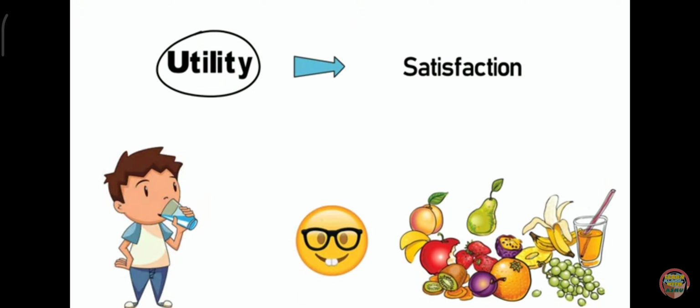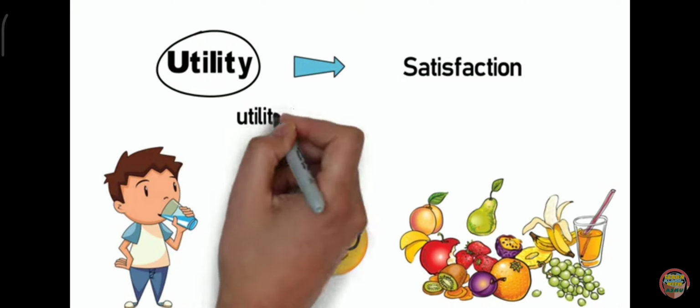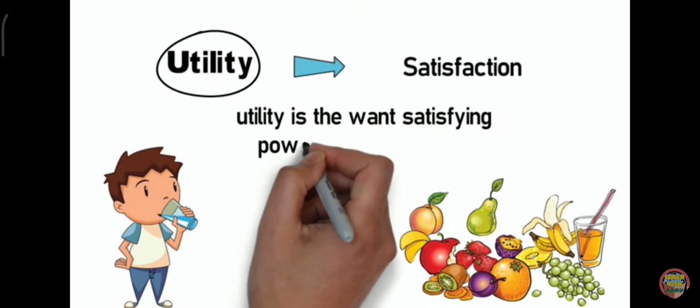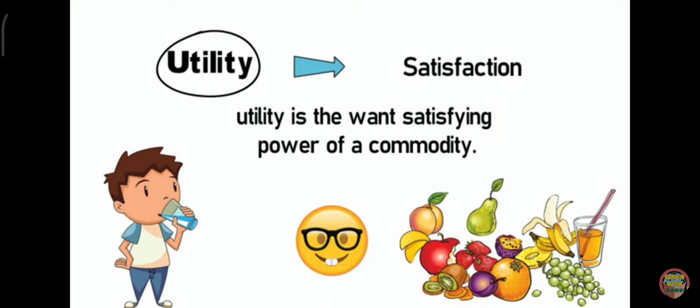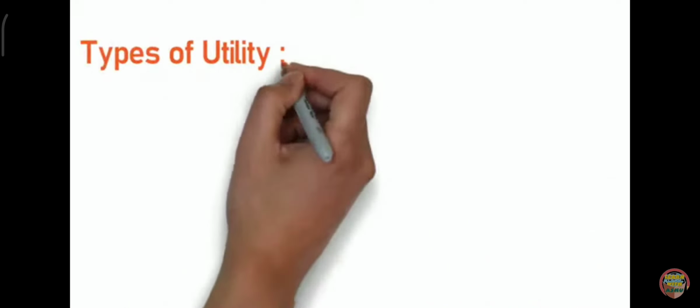If he drinks one glass of water and feels satisfied, that means drinking water has utility. Utility is the want-satisfying power of a commodity. It is nothing but satisfaction, when you consume any food or any good and it gives you satisfaction.